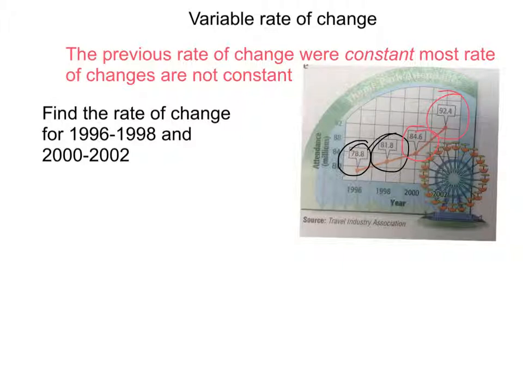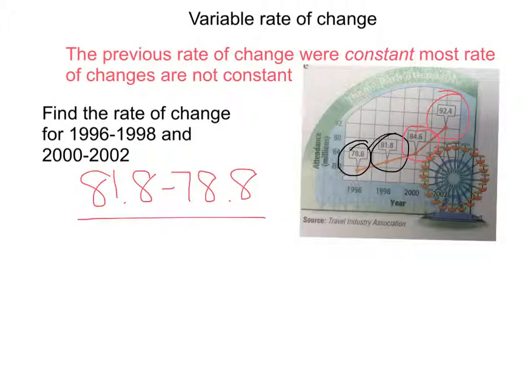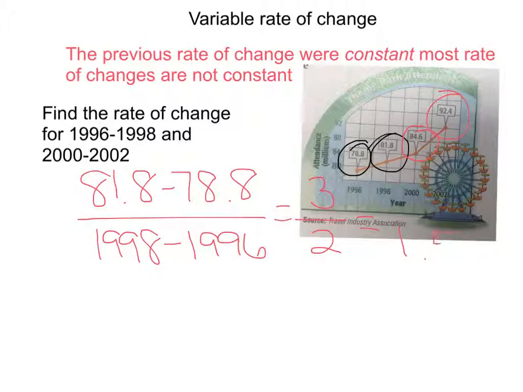So you take the change in attendance, which is 81.8 minus 78.8 over the change in time, which is 1998 minus 1996. And that becomes 3 over 2, or if you simplified it, it's 1.5.